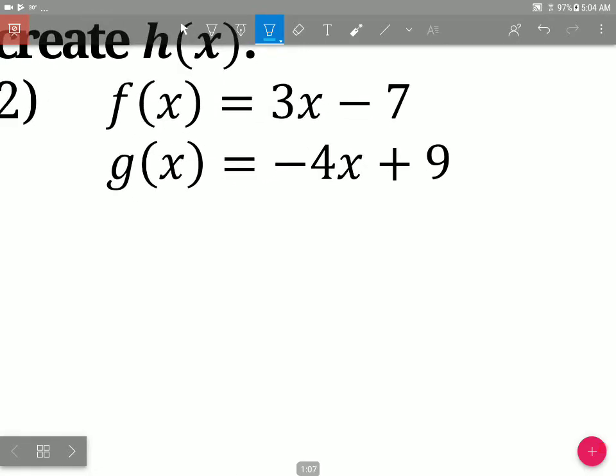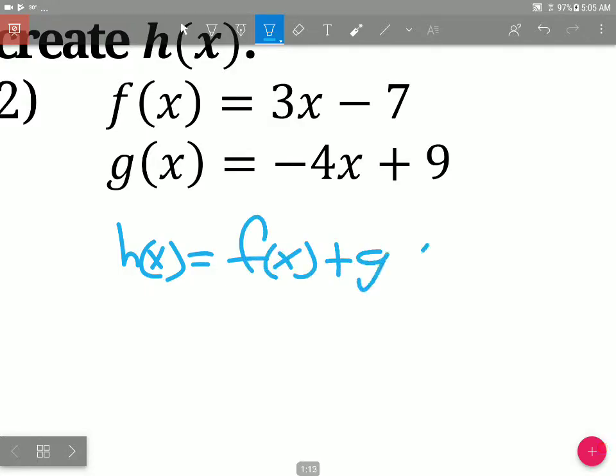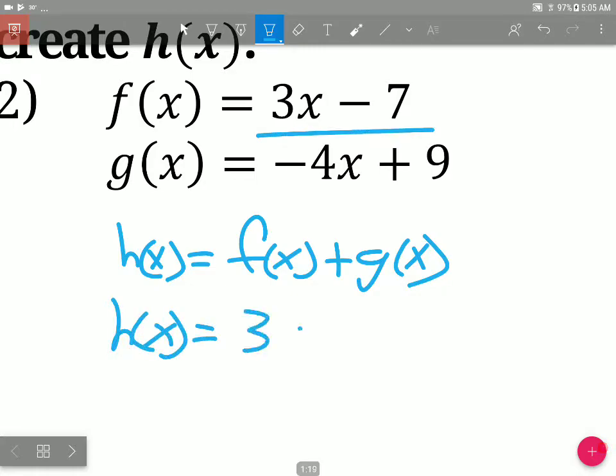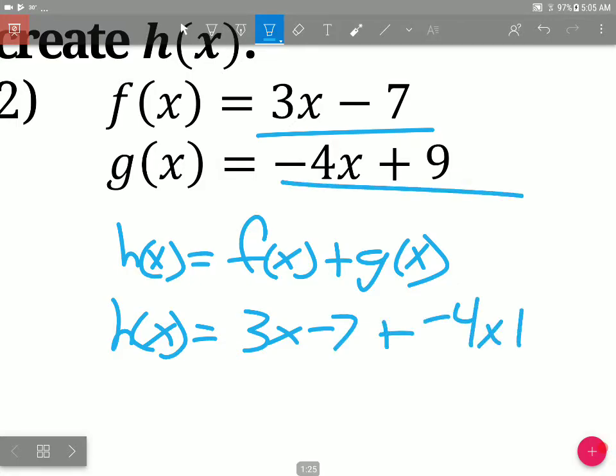Again, if I add those together, h of x equals f of x plus g of x. So I'm going to plug those in. Your f is 3x minus 7, plus your g is negative 4x plus 9.